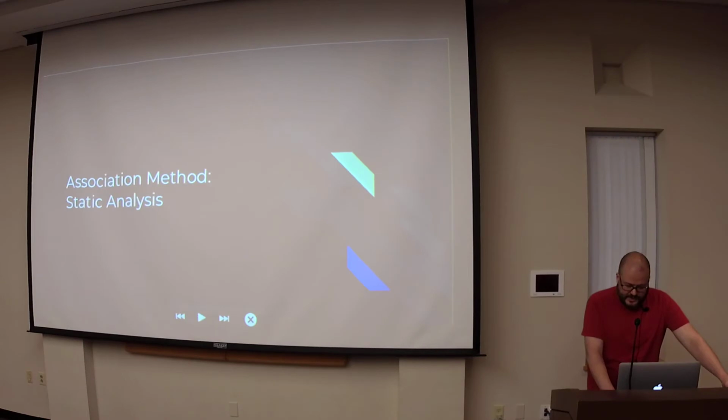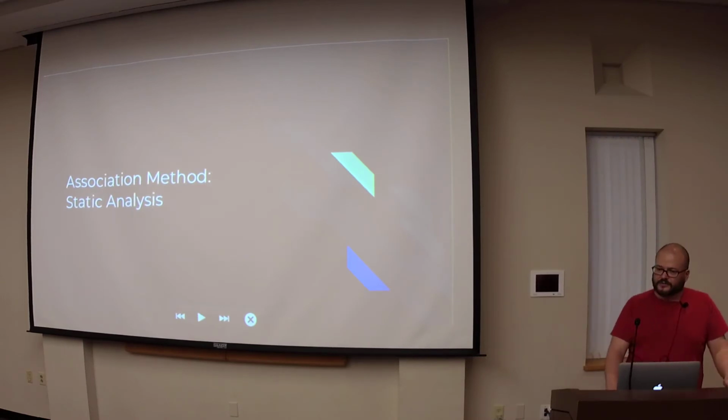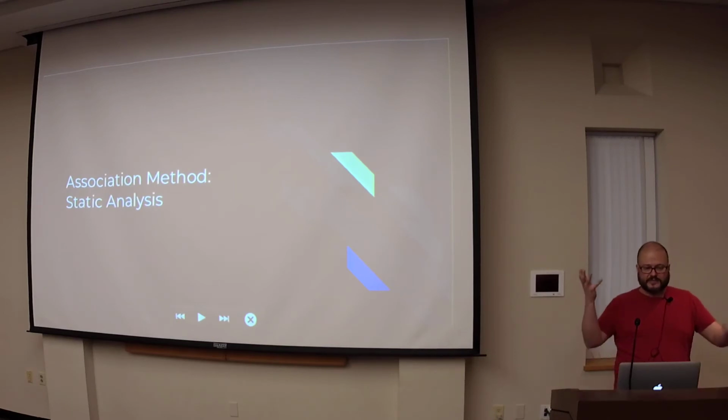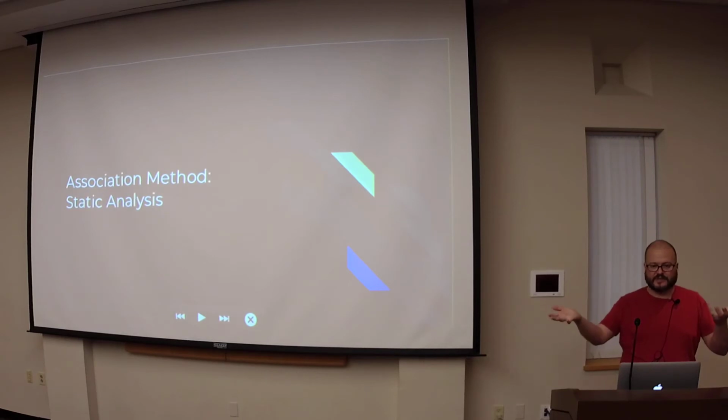And so that's the end of the kind of basics. Now we're going to get into the more esoteric malware analysis techniques that can be used for association methods. So, static analysis. If anyone is familiar with malware analysis, there are two basic categories of analysis: static analysis and dynamic analysis.